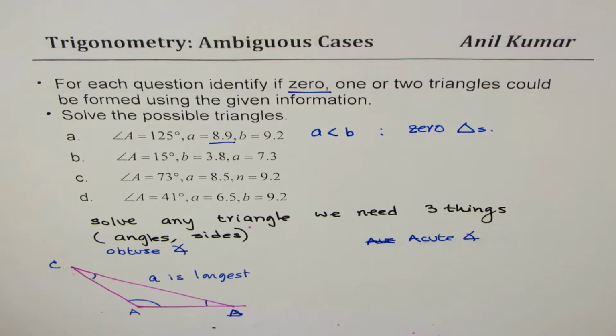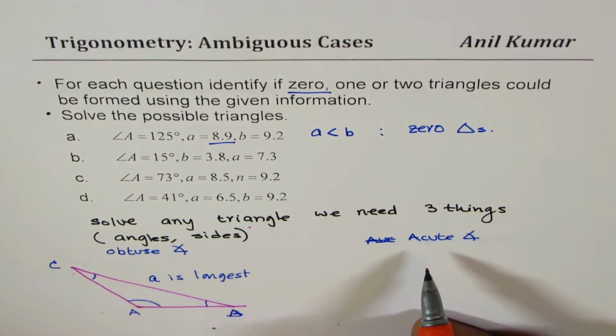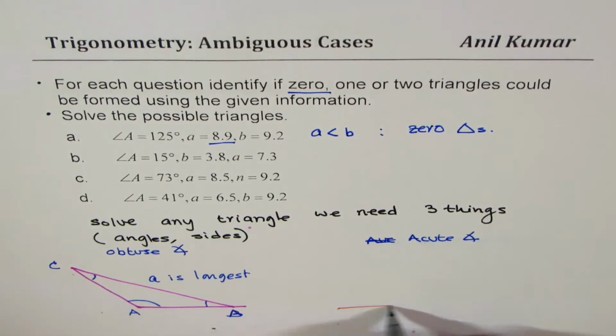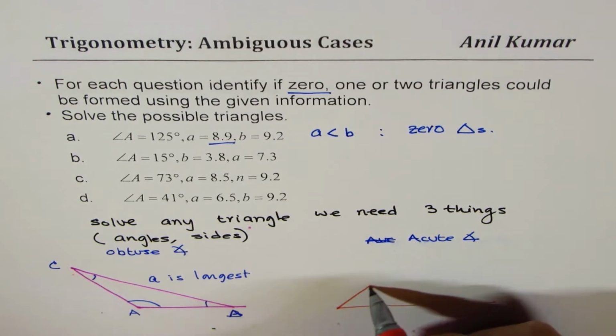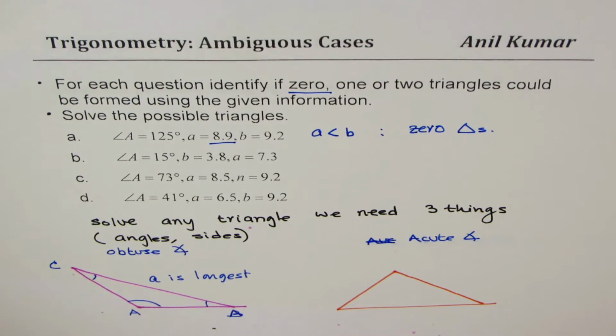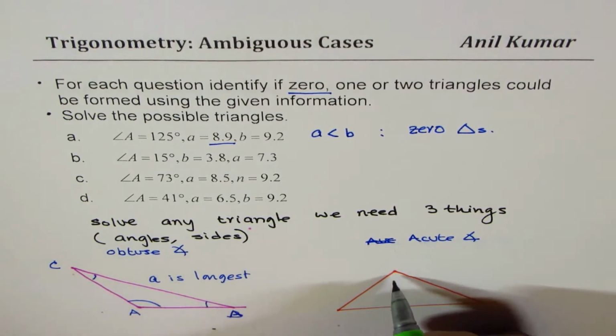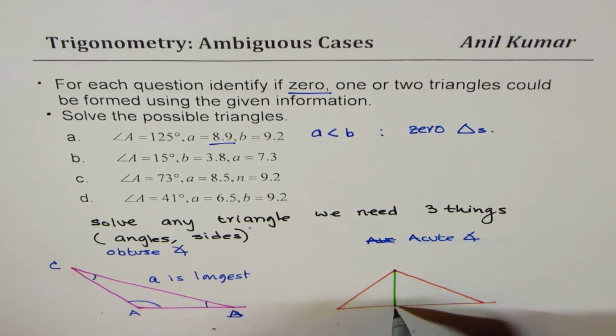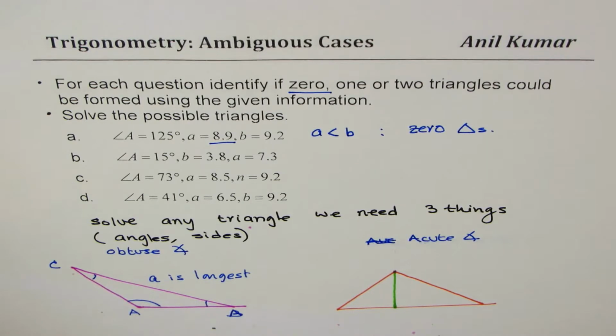Now let's look into acute angle cases. So if I draw an acute angle triangle, let me make one here, let's say kind of like this. Then in an acute angle triangle, we'll always compare the side with the altitude. That is the concept, okay?